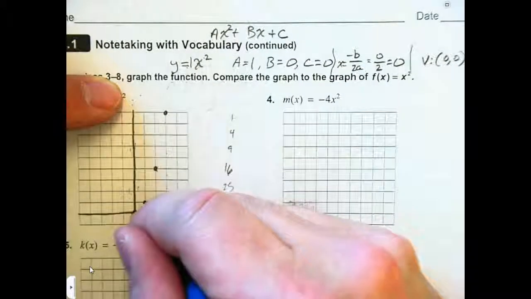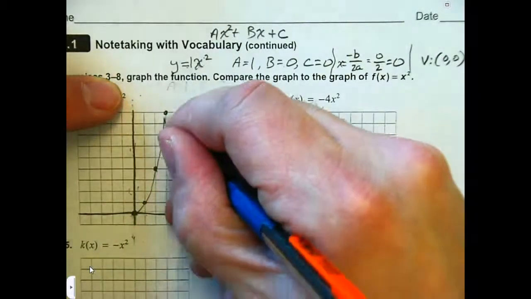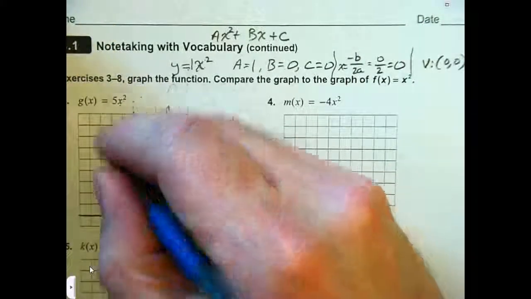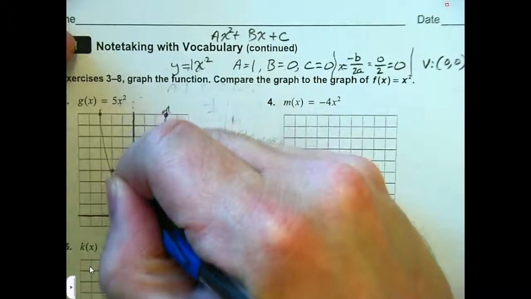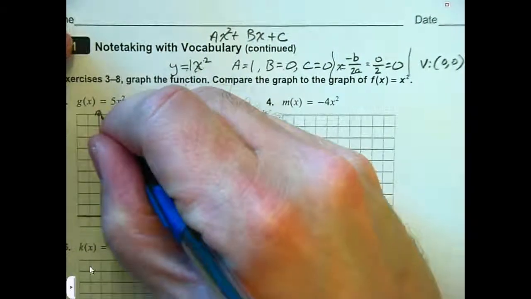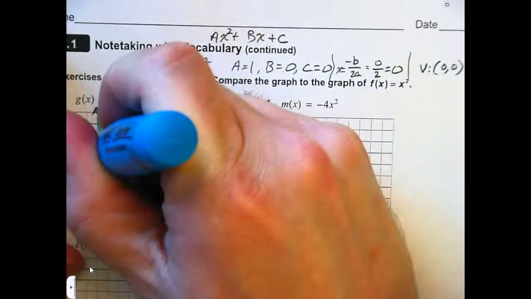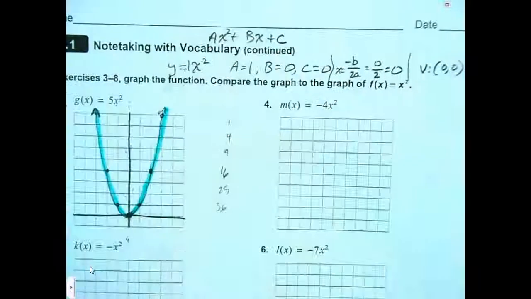So I've got this graph. Here's my parent function. It's just the graph of all the perfect squares, and then their reflections on this side. That's our parent function. Now, if I were to outline that in maybe this color, just so we don't confuse it with the actual thing that we're supposed to graph here, and compare it.